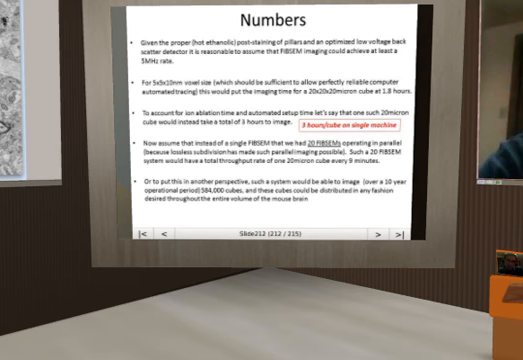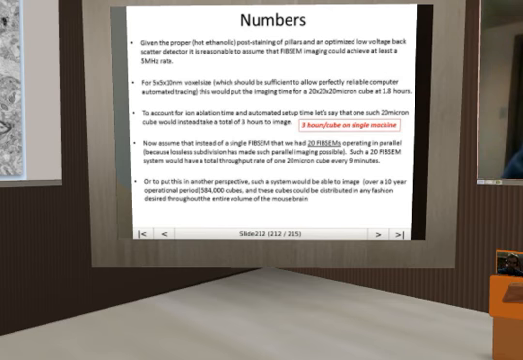Now, assume that instead of a single FibSim, we actually had 20 of these devices operating in parallel. Because remember, lossless subdivision has made this parallel imaging possible. Such a 20 FibSim system would have a total throughput rate of one of these 20 micron cubes every 9 minutes.